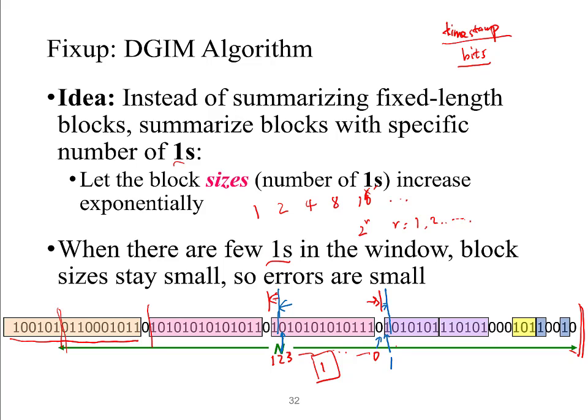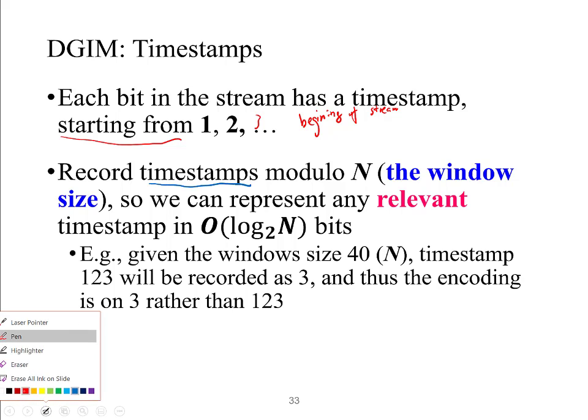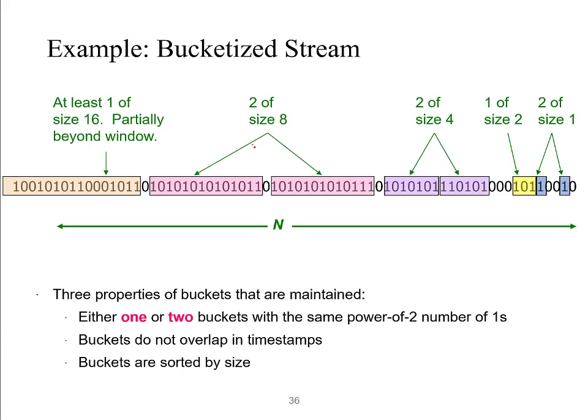For example, if you know that the rightmost bit has the timestamp of 1, then you can expect the next bit's timestamp would be 1 plus 1, which is 2, and so on and so forth. So in this case, we make sure that the timestamps are always smaller than n.